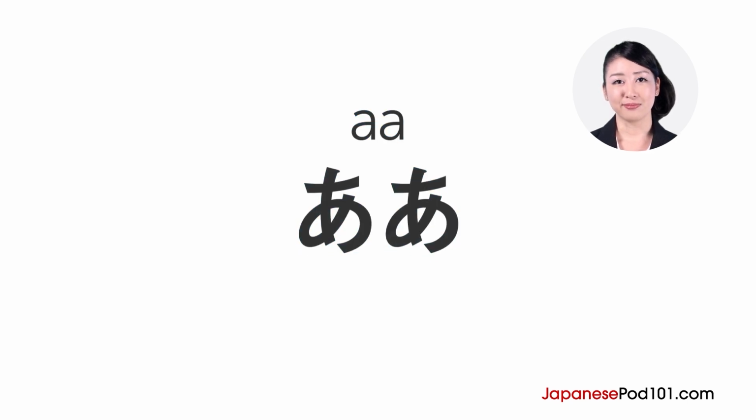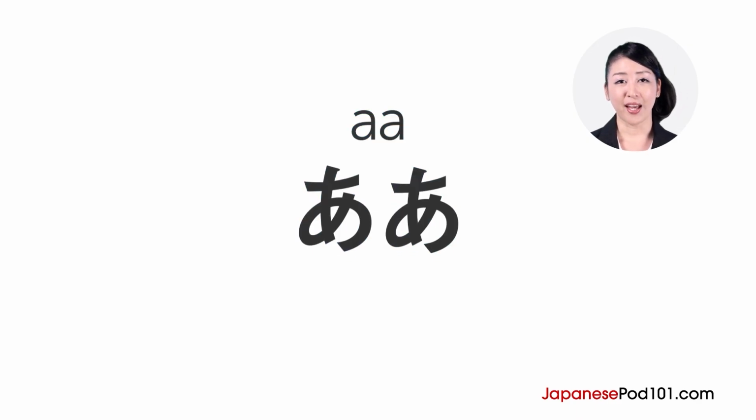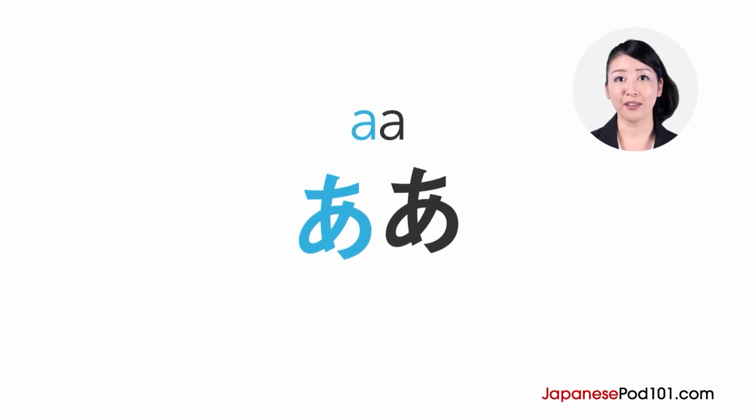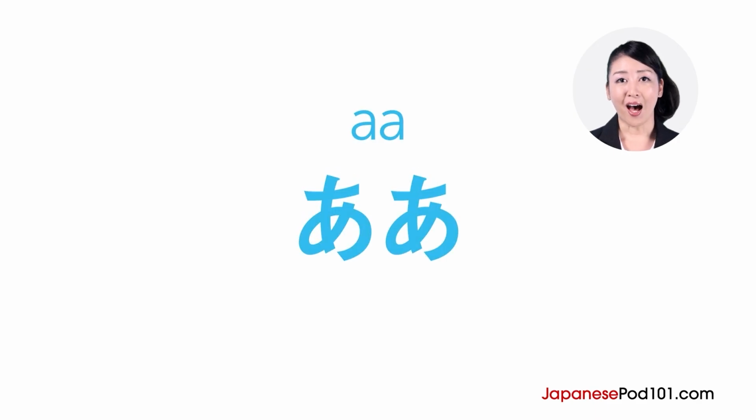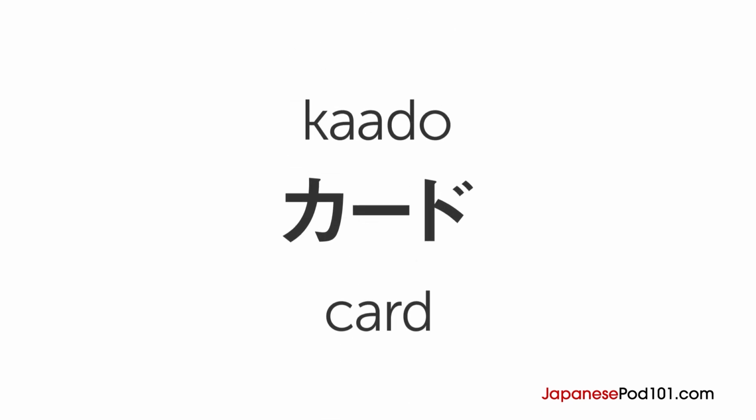A. You say a short vowel A for one beat and a long vowel A for two beats. Notice how the long A is twice the length of the short A. For example, the Japanese word for card contains a long vowel.